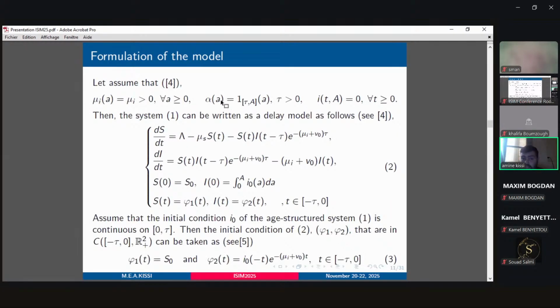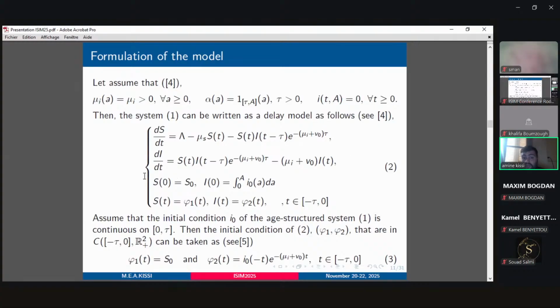The probability of infection is equal to 1, and I of τ equals 0. So, by using the characteristic in the first model, it can be written as a delayed formula, as shown here. The delay term appears here.